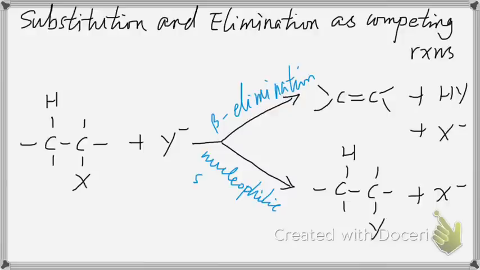The H and X can be removed to give an alkene double bond. That's the beta elimination. While the X can be replaced by Y, that's a nucleophilic substitution reaction. So these two reactions actually compete with each other, and we will see how to determine which one will take place first.